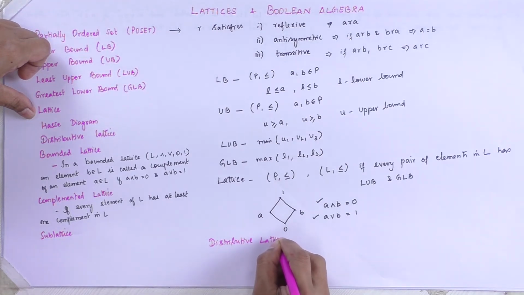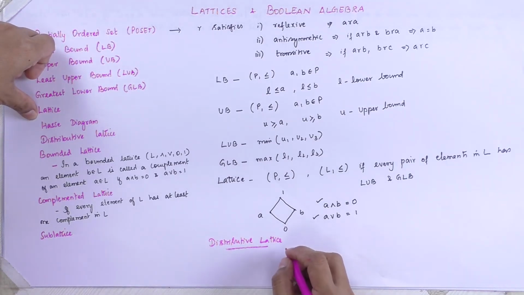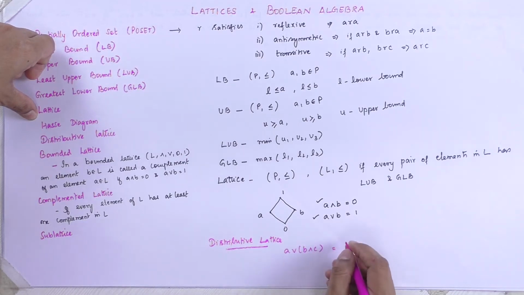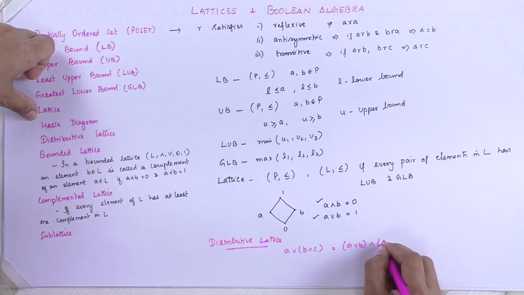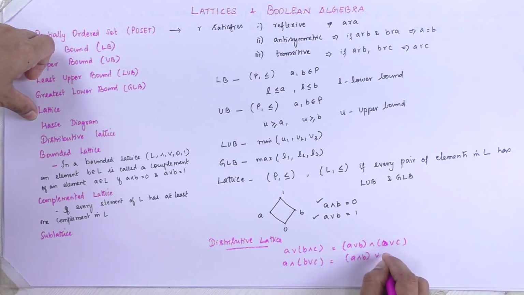What is the property? A or (B and C) is equal to (A or B) and (A or C). And next, A and (B or C) will be equal to (A and B) or (A and C). Any lattice which satisfies this distributive property is said to be a distributive lattice.